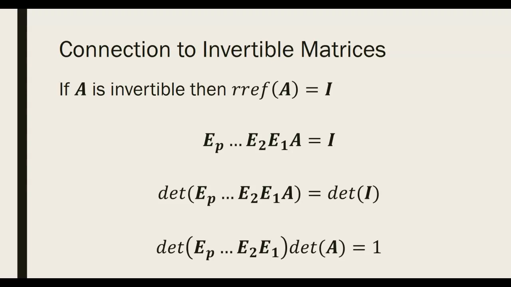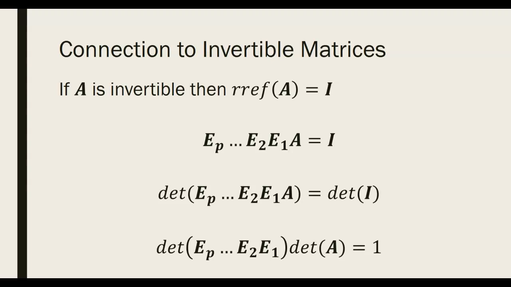Now I should say that we are talking about square matrices here. So we were talking about 2 by 2 or 3 by 3 or 4 by 4 matrices. We're not talking about anything that has more rows than columns or more columns than rows. So the number of rows and columns is equal in these matrices. So if you have a square matrix and it's invertible, then it row reduces to the identity.